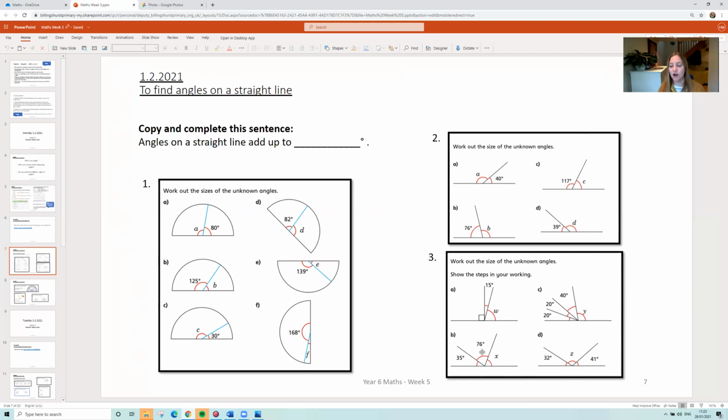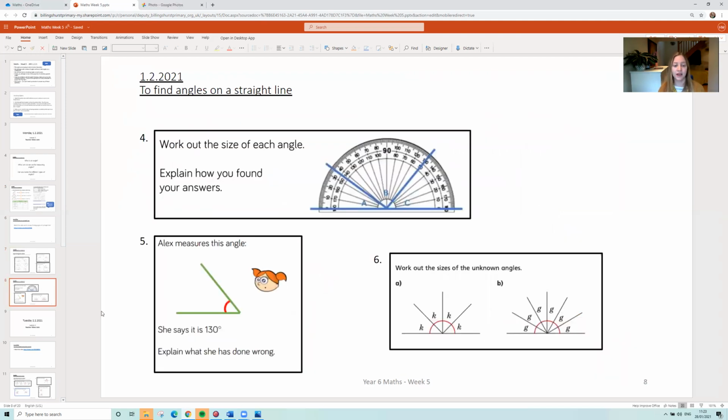So we've got some different representations here, growing gradually slightly more challenging. But remember, back to this statement, angles on a straight line add up to what? That will come from that video and from the learning you've done previously. After that, you can move on to these slightly more reasoning and problem solving based questions.